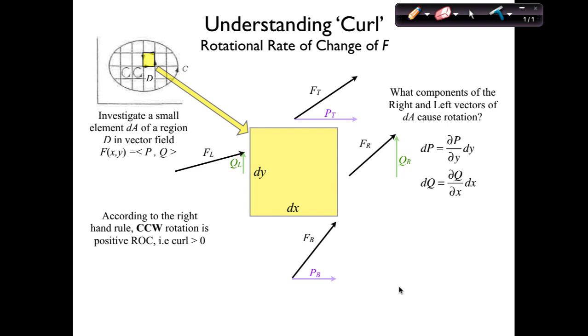So when we put it together, we want to take the rate of change of q with respect to x minus the rate of change of p with respect to y. And that's going to be my total rate of change in the counterclockwise direction. Or in other words, q_x minus p_y.